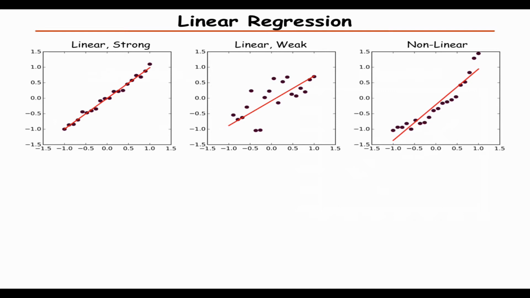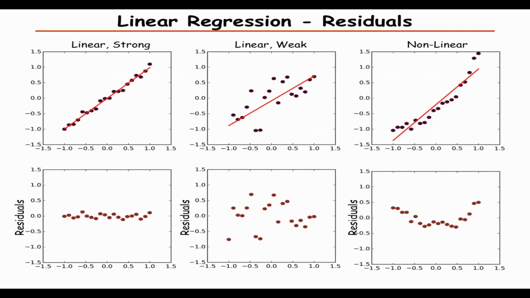And in the case of nonlinear, we try to force the line onto the nonlinear set, but it doesn't succeed very well. So a good thing to do in this case is not just plot the data, but after we've found a line that we think is good, we can plot how far the different points are from the line.